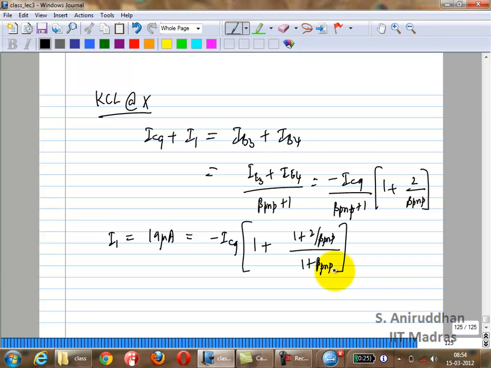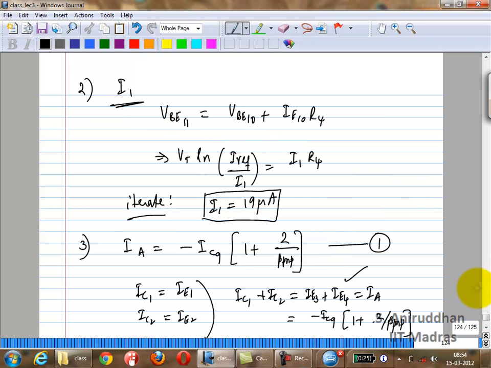Okay, so now you know IC9 in terms of beta P and beta N for that particular process, for the particular bias current. Okay, now the next step is to find out what IA is. Okay, because that's what you're trying to find out.